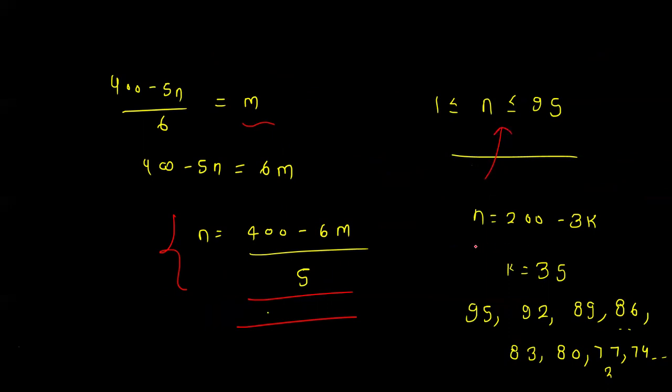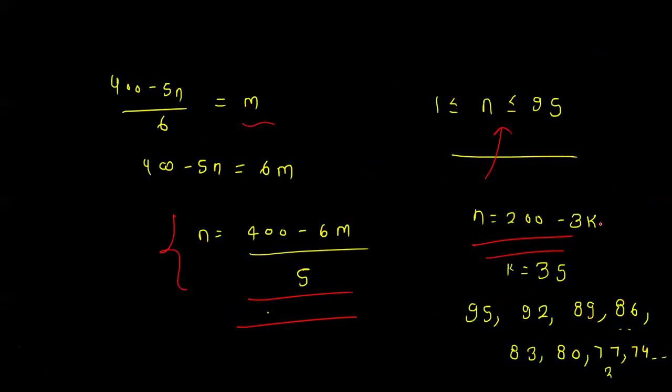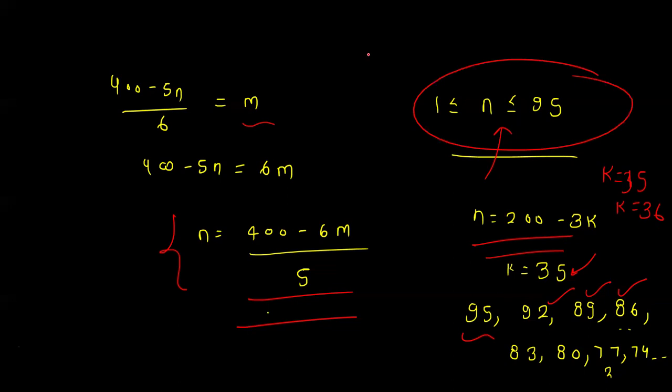From the first, n is equal to 200 minus 3k, where k is an integer. If you put k equal to 35 it becomes 95, and for k equal to 36 it becomes 92, 89, 86. So the possible values of n from this reduce to 2, 5, 8, 11 up to 92, 95, in this way.